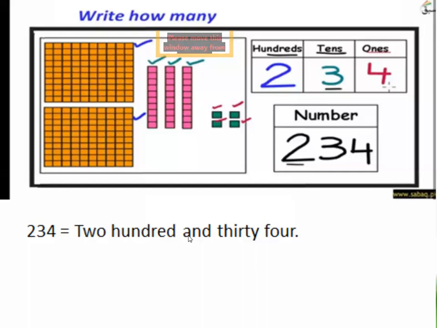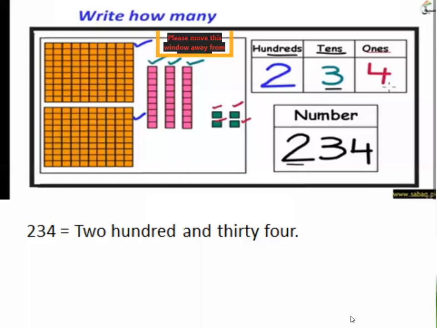After 100, then 3 is in the tens place and 4 is in the unit place. So 34. So we write here 34: THIRTY 30, FOUR 4. So 234 is equal to 234.